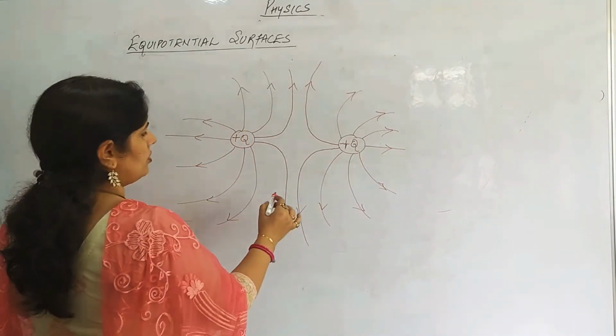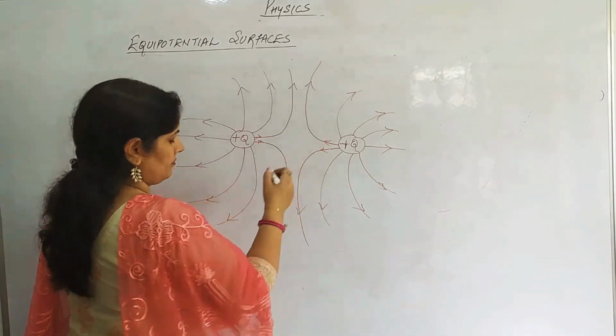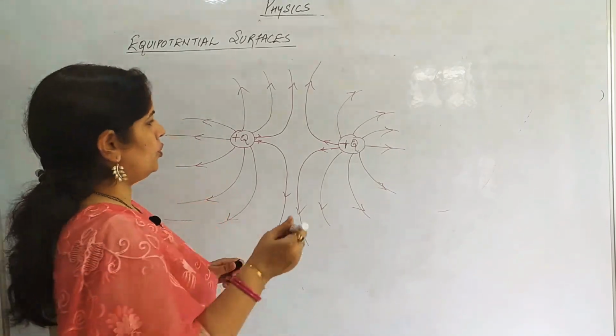Now if we draw the equipotential surfaces, they look like this.